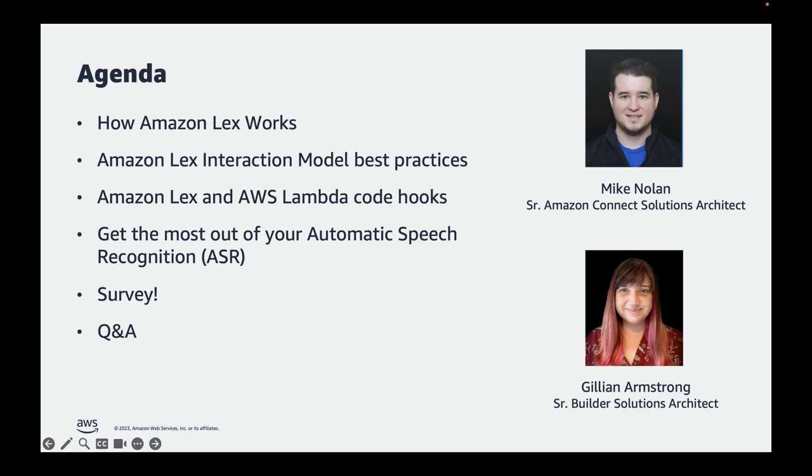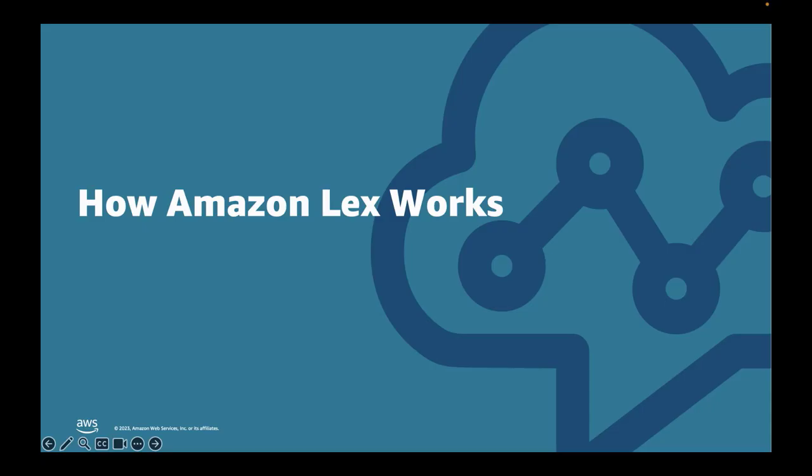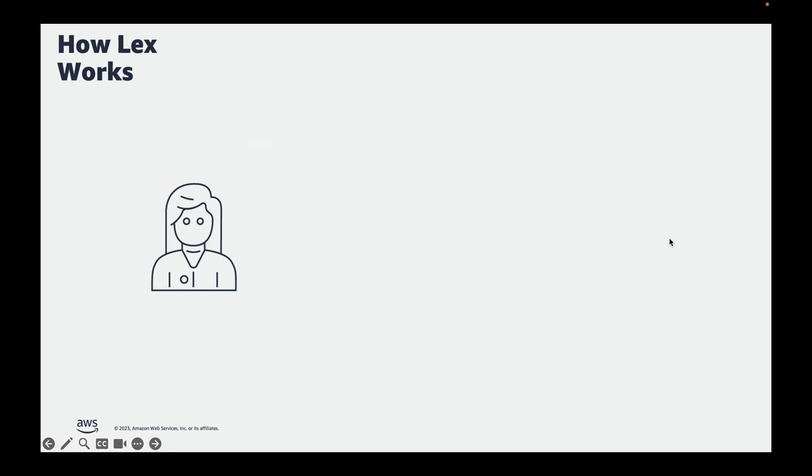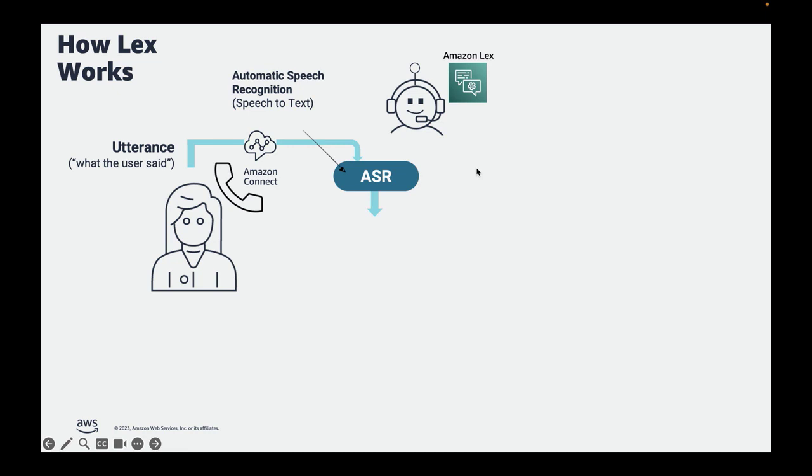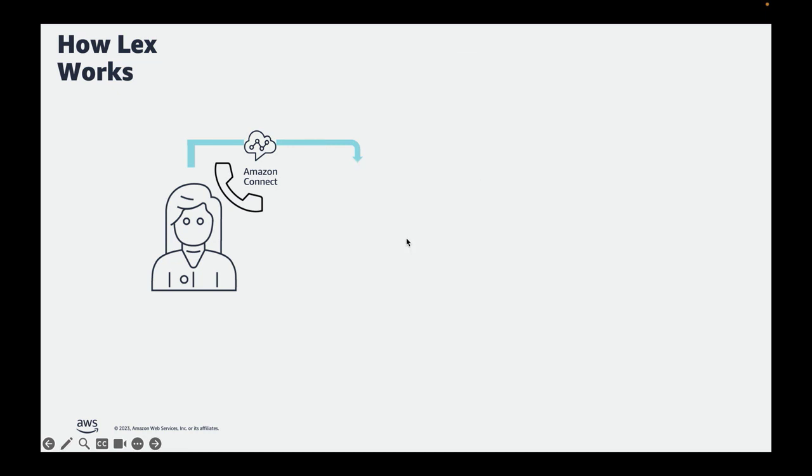So here we go. We will be jumping into some of the deeper details, but before we do that, let's just spend a few minutes running over the high-level pieces of what is happening when we call Lex. So here we have our lovely customer, and she's going to call into our Amazon Connect contact center and be connected to our Lex bot.